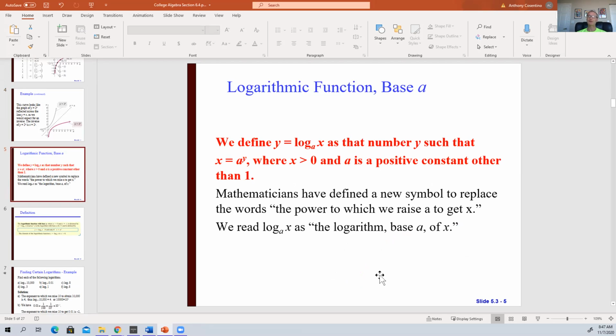And so what mathematicians have done is define this log function as a number y such that x equals 2 to the y. And there are two things that are really important about log functions, and this is one of them: to be able to understand that when you have a log function, you can actually convert it to an exponential function by that relationship.